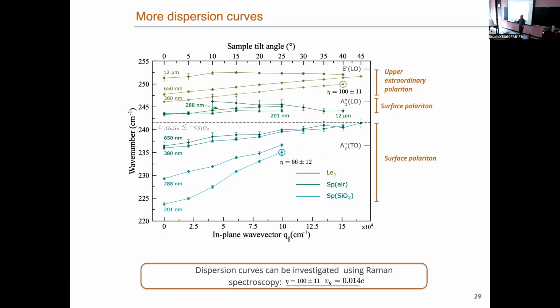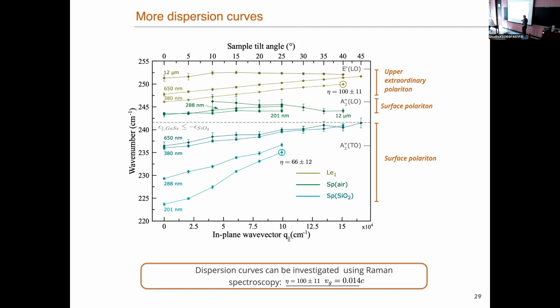We repeated this dispersion curve for different sample thicknesses, and we were able to demonstrate that there were significant variations. I won't go over all the information in this graph, it would be too much. What I will show next is simulations of what's going on, so it's a bit easier to understand.